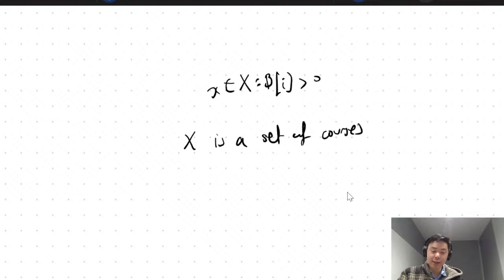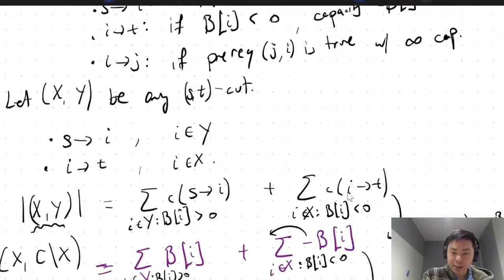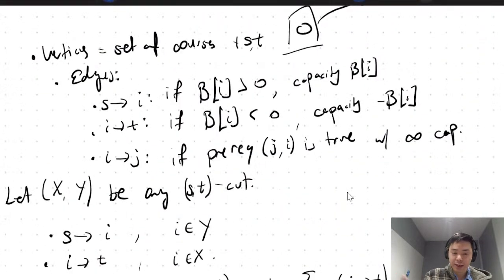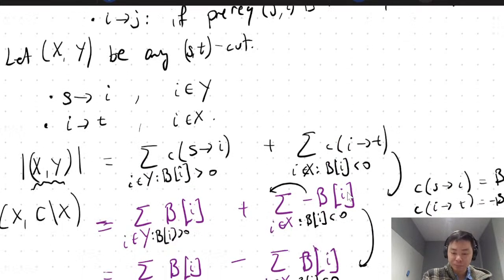So there's no meaning behind b of i greater than 0 or b of i being less than 0. It's only the case where we look at the value of the edge from X to Y.